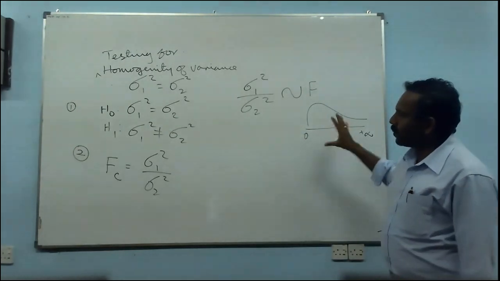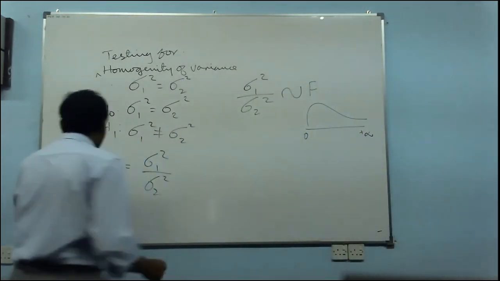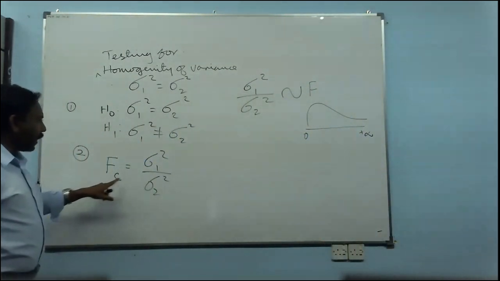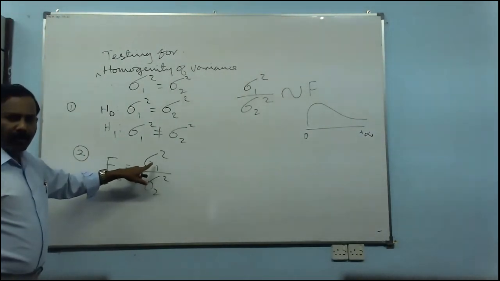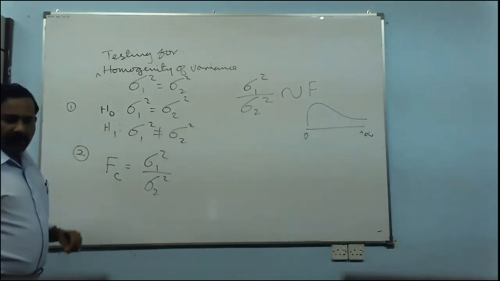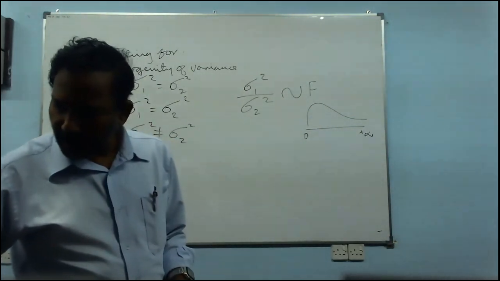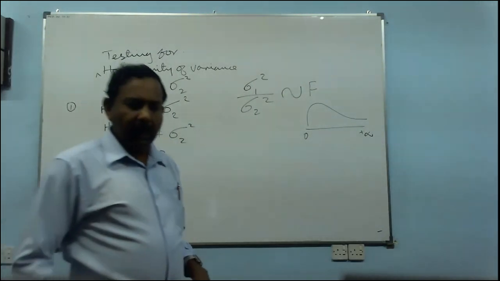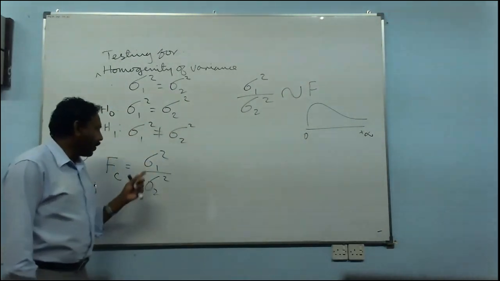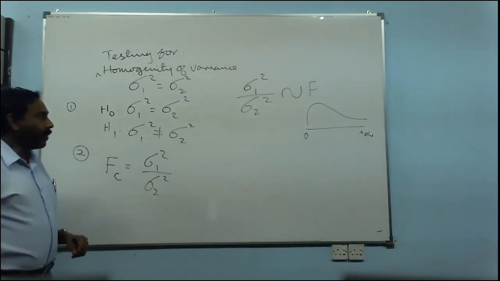So now we are going to use this distribution to come to our result. The calculated value is simply the ratio between the variances, sigma 1 square divided by sigma 2 square. Any questions? That ratio is called the F calculated value.